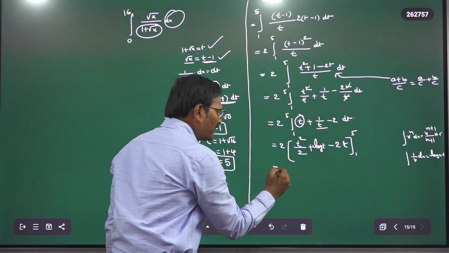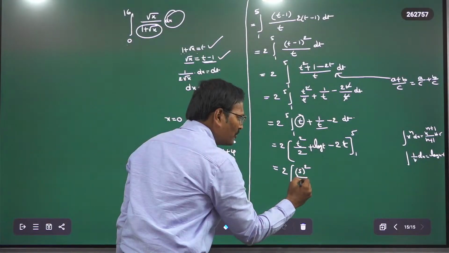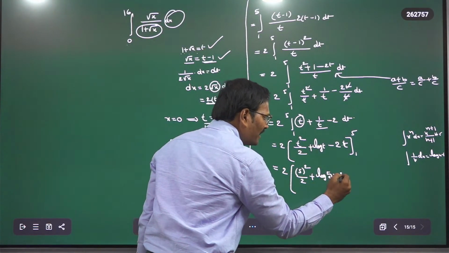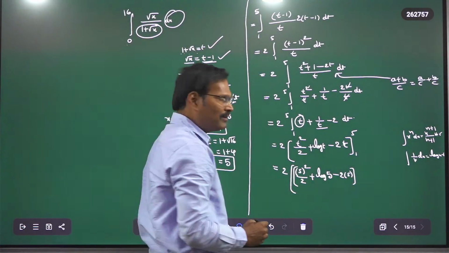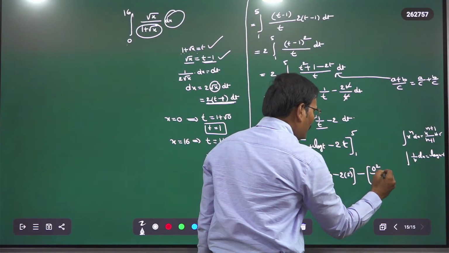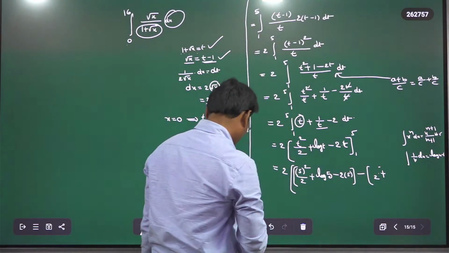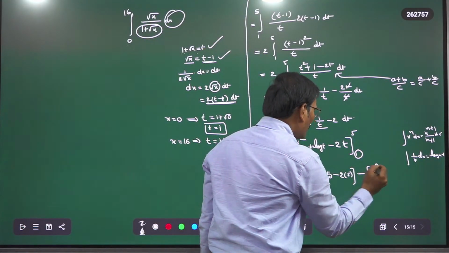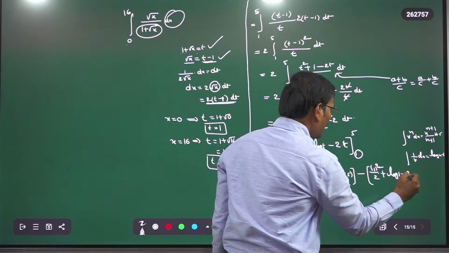Now I am substituting the limits. So 5 square by 2 plus log 5 minus 2 into 5, upper limit minus lower limit. Lower limit is 1: 1 square by 2 plus log 1 minus 2 into 1.